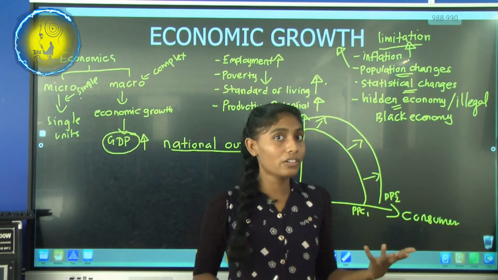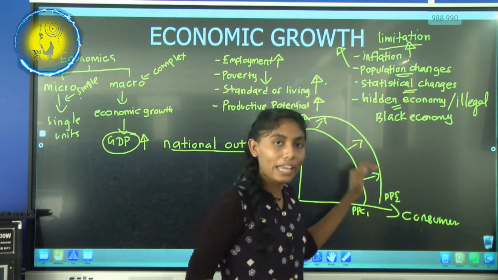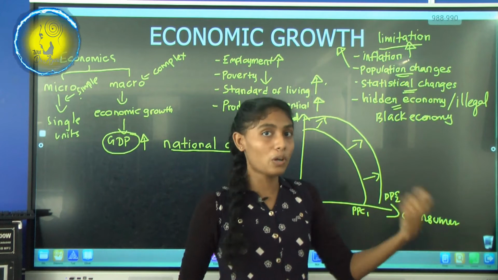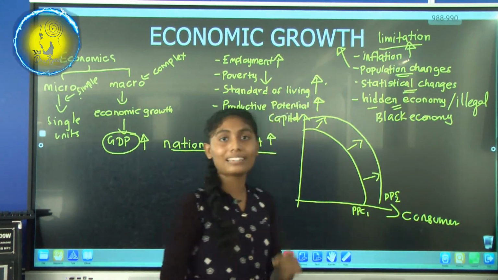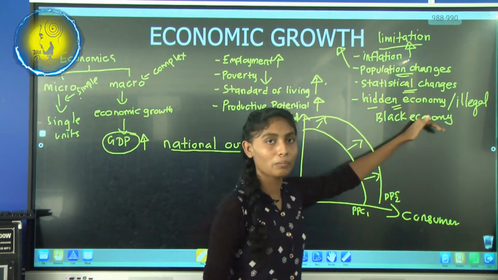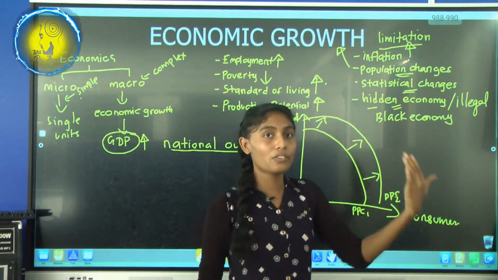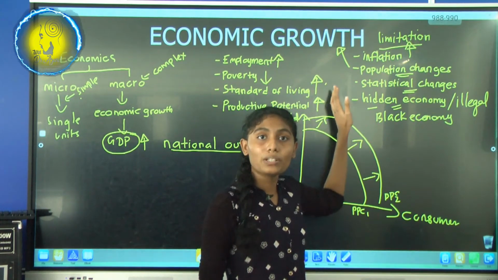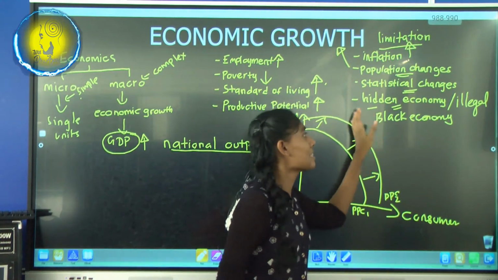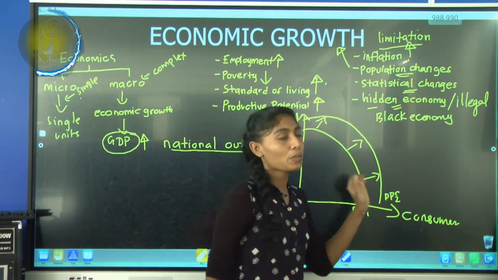If you go for a free ride, then you don't pay anything. But if you give your friend money, that money is not taken into account. We call that the hidden economy. The money that you give to your friend when you go for a ride is not taken into the economic growth calculation. That we call the hidden economy, right?